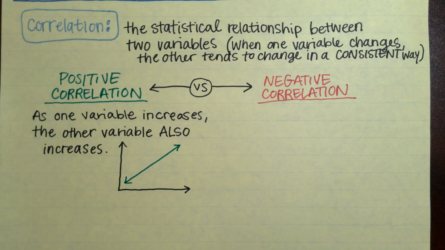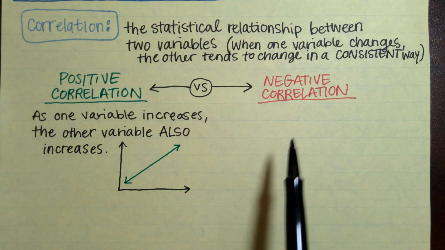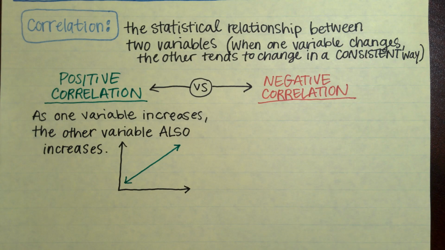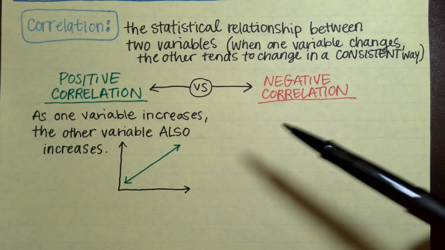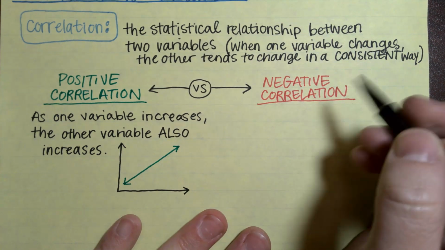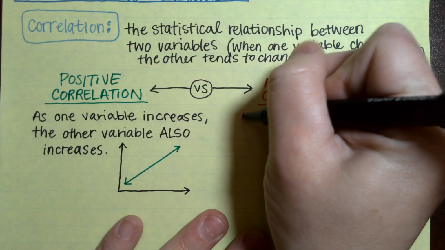Okay, next we have a negative correlation, and this is just the exact opposite of the positive correlation. So what that means is as one variable increases, the other variable will decrease. It will do the opposite. So let's write that too.